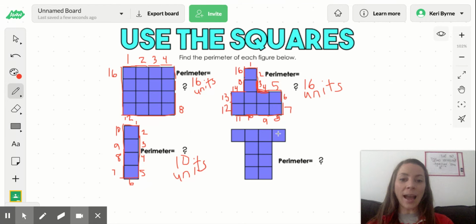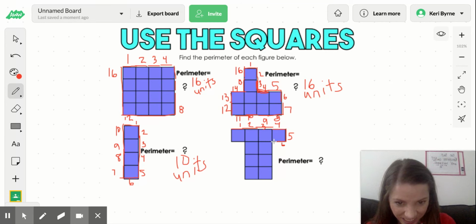Let's find the outside, the perimeter of this one. This one is tricky, so do these lines. 1, 2, 3, 4, down the side, 5. Okay, here's a corner, be careful. Write small, 6.